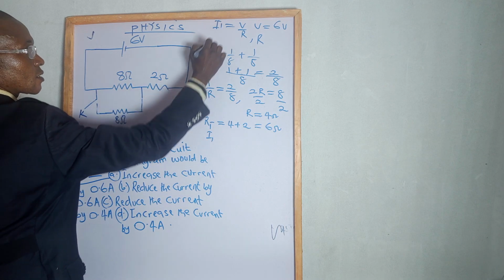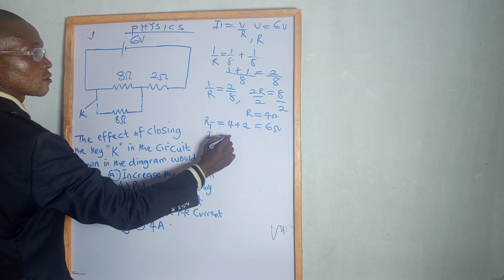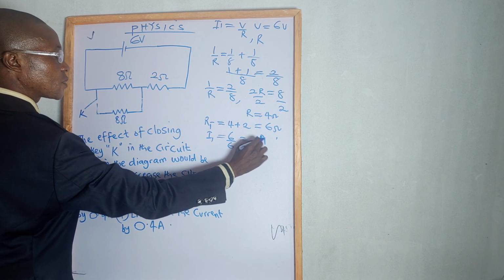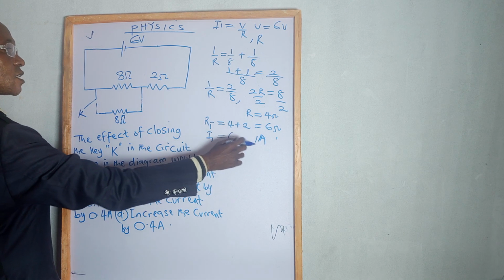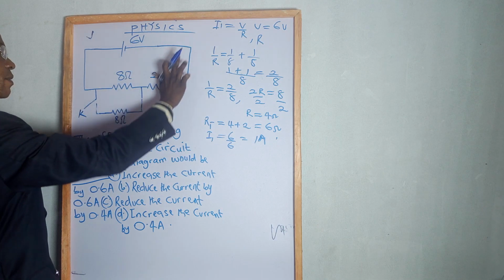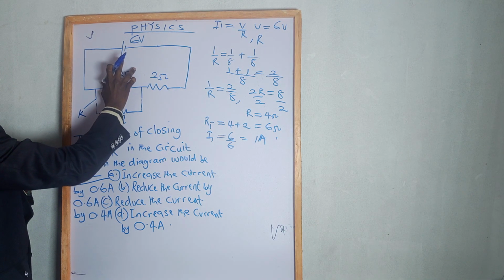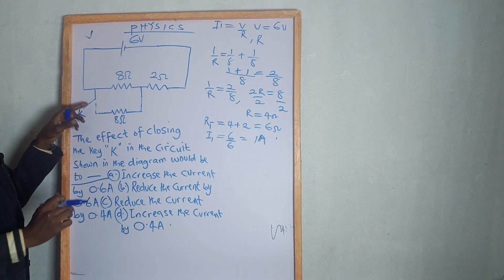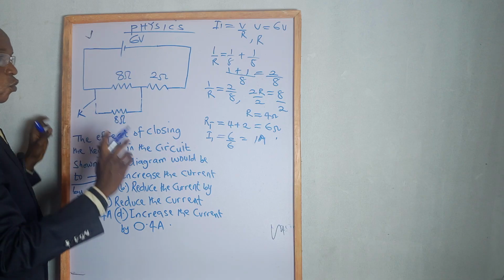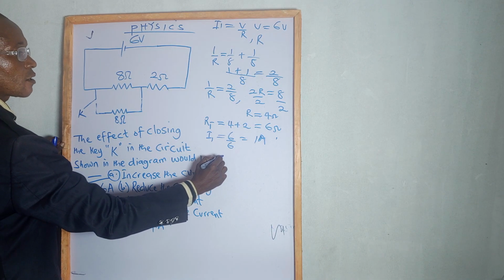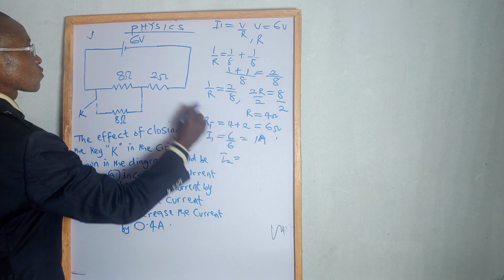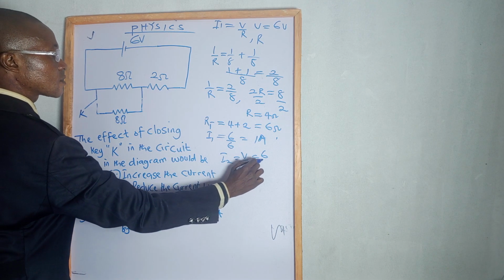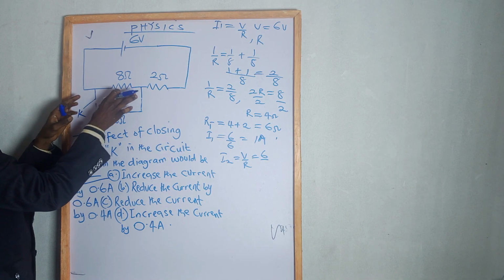Let's assume this is I1. I1 will now be 6 over 6, which is 1 ampere. 1 ampere means that the total amount of current that will pass through this circuit together with this circuit is 1 ampere. But for this circuit alone, that is when this particular switch is open, we have I2 equal to V over R. Our V is 6 over R. Remember, we are leaving this out.